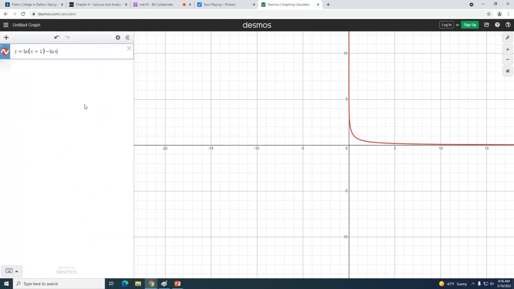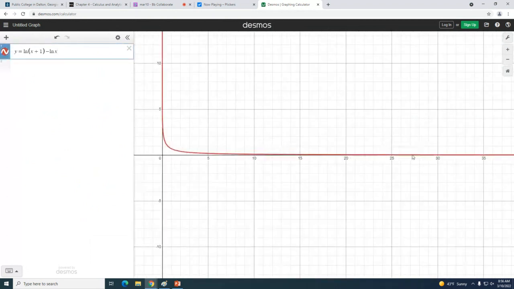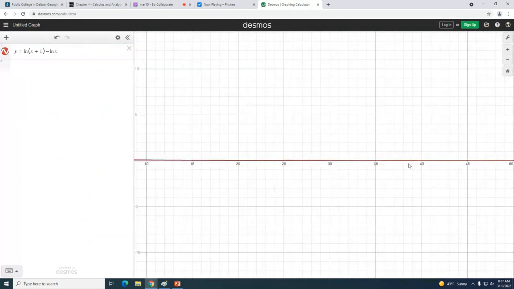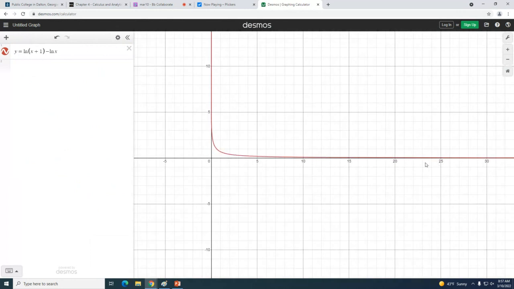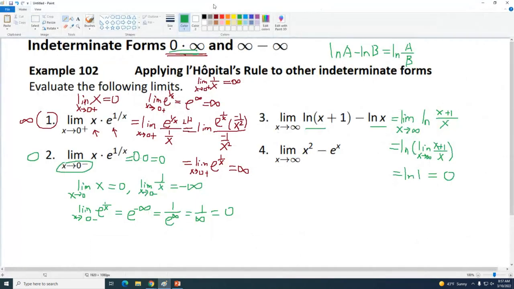This is how it looks, and we're looking at the behavior at infinity. When x is really large, the values are almost 0, close to the x-axis. So the limit is 0. The y value is 0 on the far right side. This confirms it.